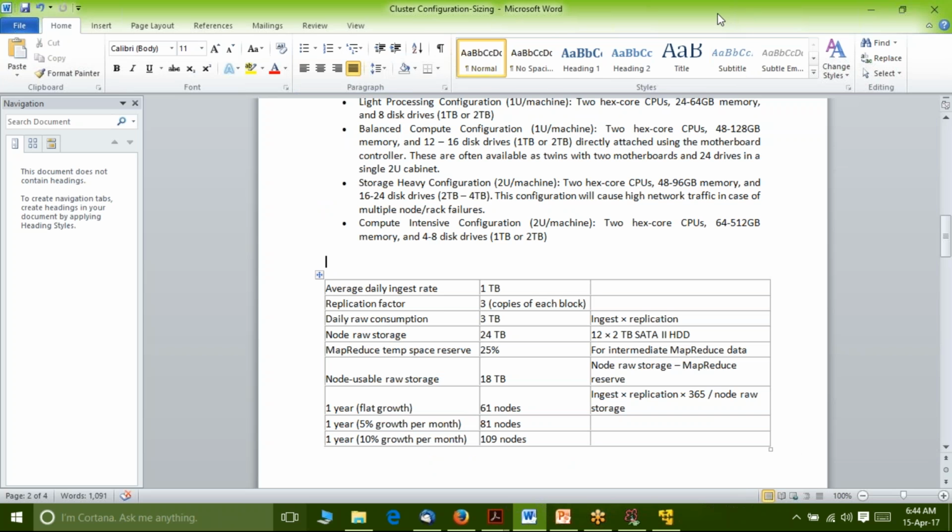Why these things are coming into the picture is for that reason only: your daily ingestion rate and all, we need to have that understanding. Without those metrics, if you plan the cluster, then resizing is demanded frequently, and that makes your cluster not be available all the time. More than that, there is no threat.